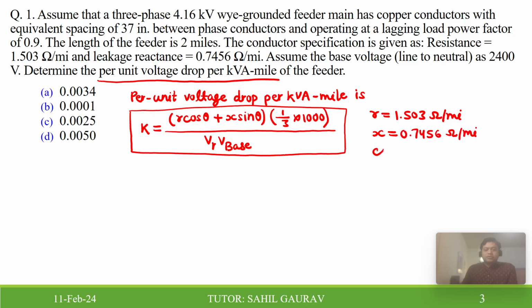Cos theta is also given: it is the lagging load power factor, 0.9. Therefore sin theta will become the square root of 1 minus 0.9 whole square, so it will become 0.4359.